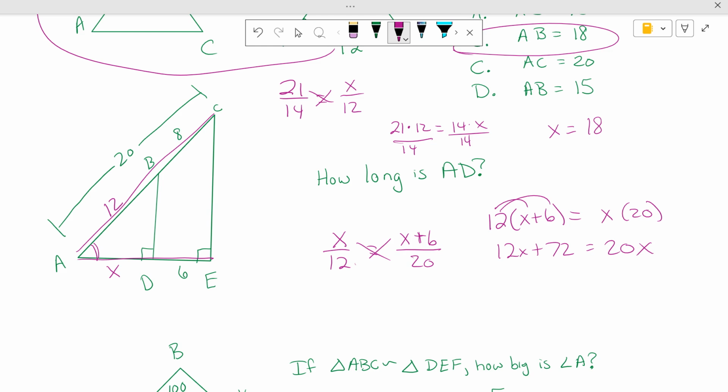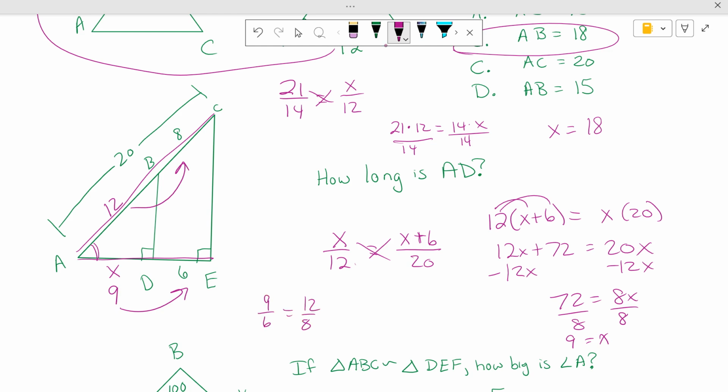Subtract 12X. So 72 equals 8X. Divide by 8. X equals 9. This side is 9. Does 9 over 6 relate to 12 over 8? Well, 9 over 6 is 3 over 2. 12 over 8, if you divide them both by 4, is 3 over 2. Does that work? Okay. So, sides are proportional.